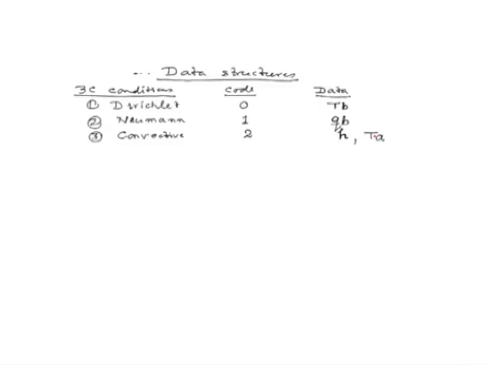So the data structure which we define for a BC type should have all these data which we need for any of these boundary conditions. So that is, we should have one integer flag and these 4 double type variables.